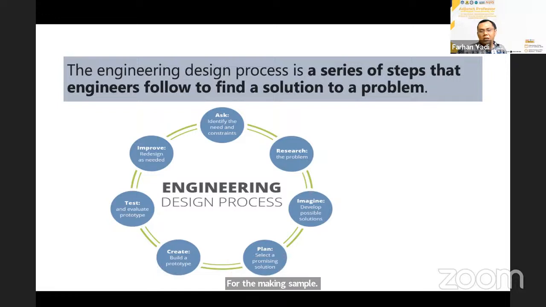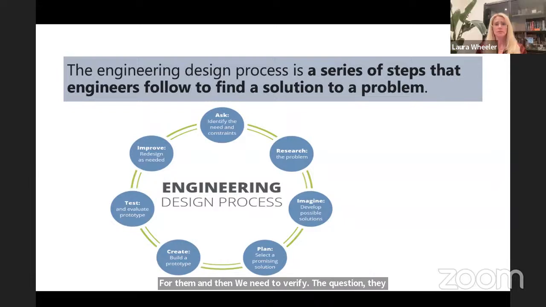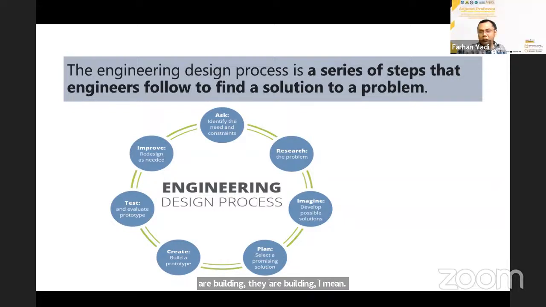If the first stage is to identify the need and constraint, we give a clue for them, and then we need to verify the question they are building. Yes, it's to help the focusing and the precision of the problem. Can we do this in our lesson?